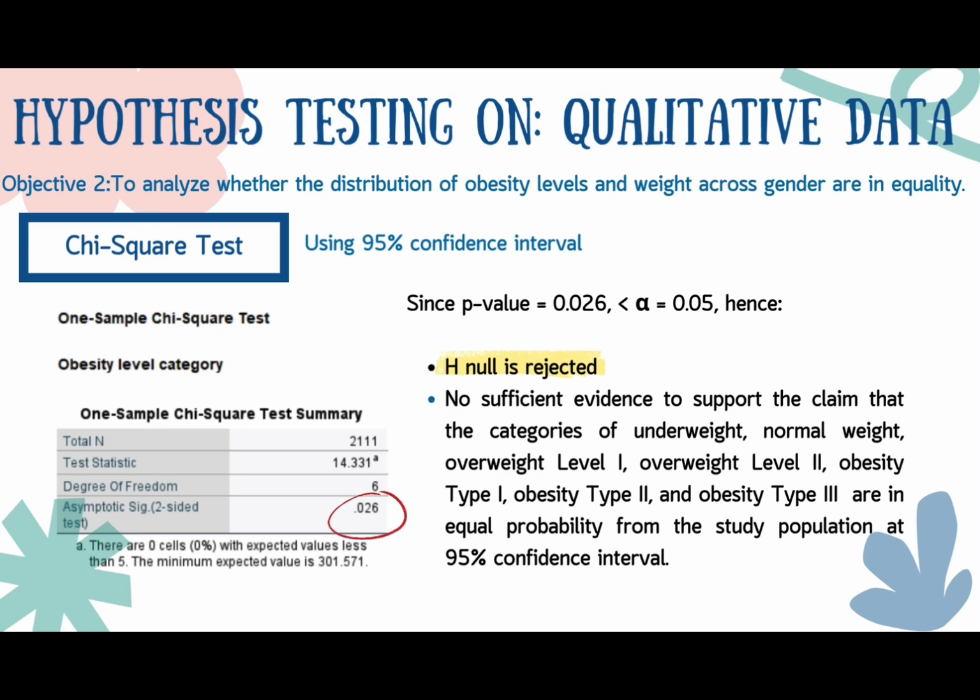Therefore, there is insufficient evidence to support the claim that the categories of underweight, normal weight, overweight level 1, overweight level 2, obesity type 1, obesity type 2, and obesity type 3 are in equal probability from the study population.